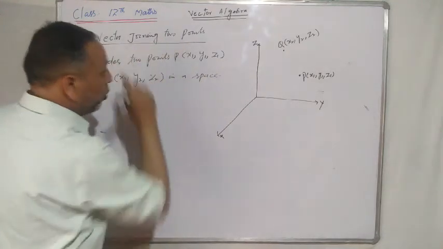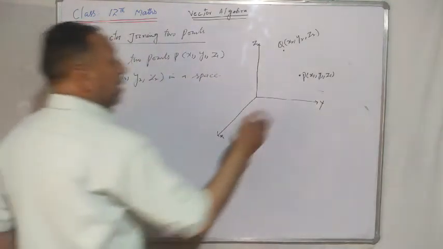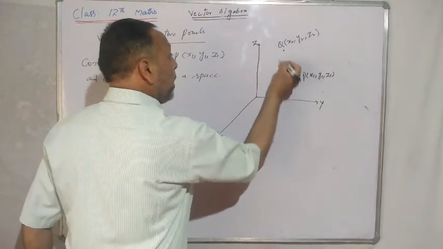Now, vector joining 2 points. We have to find the vector which joins points P and Q.